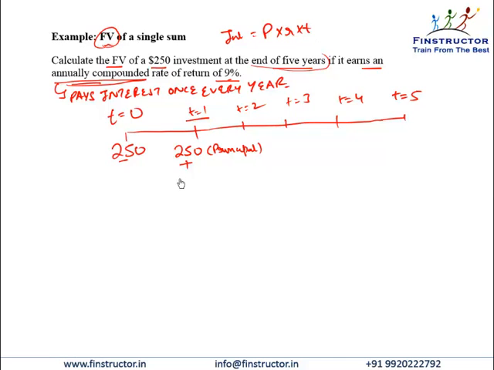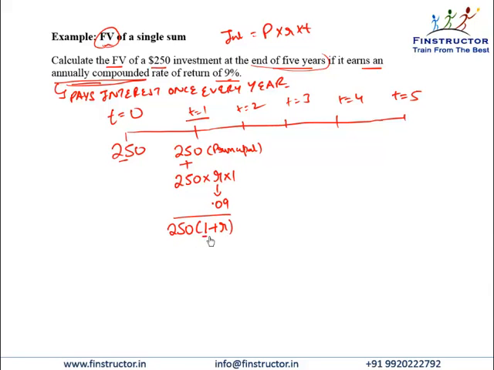So the principal was $250. The rate of interest, we will generally call it R. In this case, R is equal to 0.09. And the time that it has been invested for is 1 year. So at the end of year 1, the $250 have become 250 into (1 plus R).